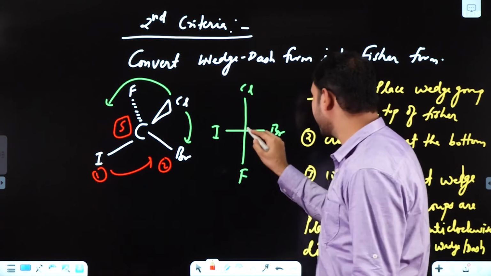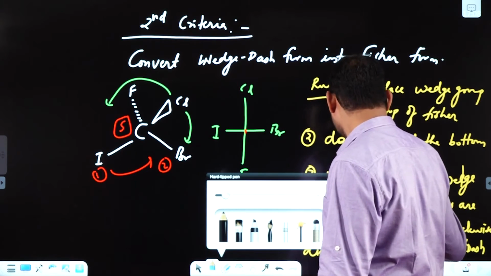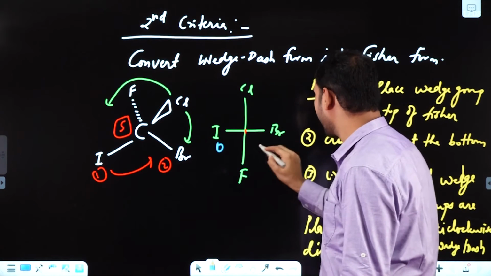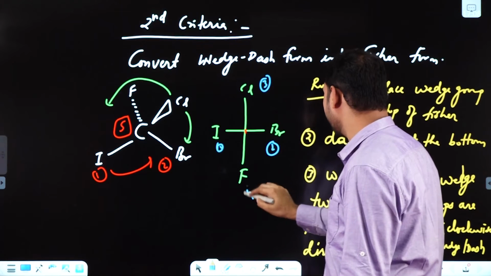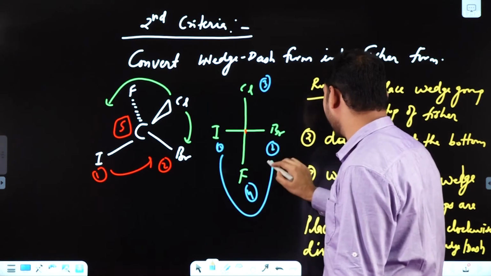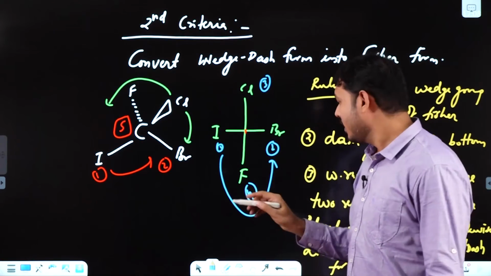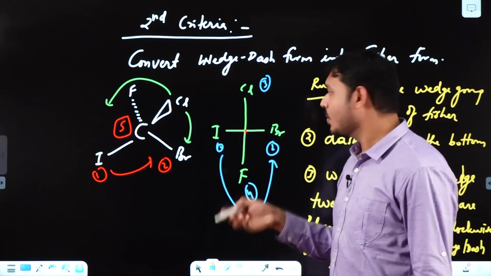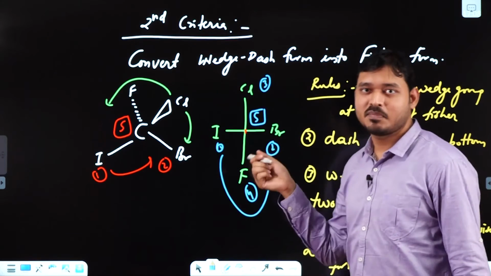Clear? Now let's check here. Iodine 1, bromine 2, chlorine 3, and fluorine is 4. As you know, we can cross the fourth one here, so it is anti-clockwise, configuration will be S, but the lowest priority is on vertical, so S will be S only. So you can see our interconversion is perfect.